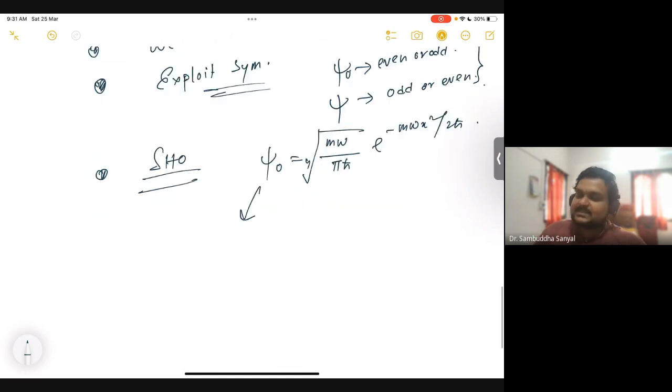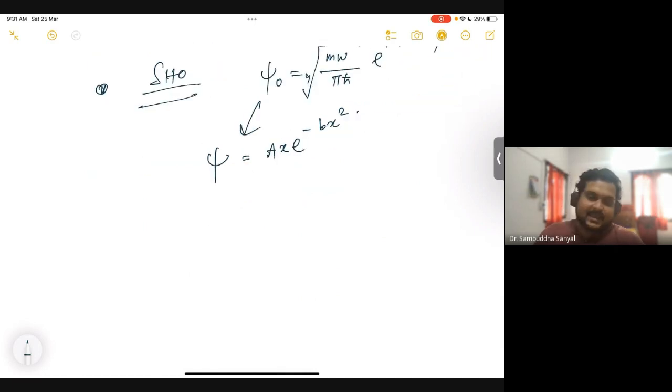Then my first excited trial wave function must have opposite parity. The simplest wave function with opposite parity is this. Now this is a lucky guess because we know this is the exact form. So when you normalize it and execute the calculation, minimizing with this b, you get 3 by 2 h cut omega.